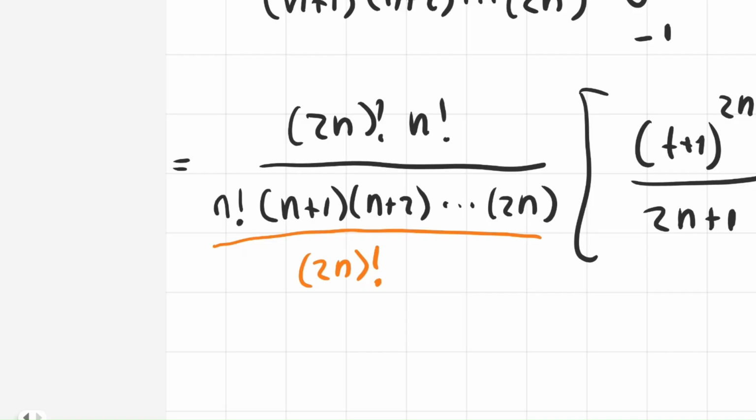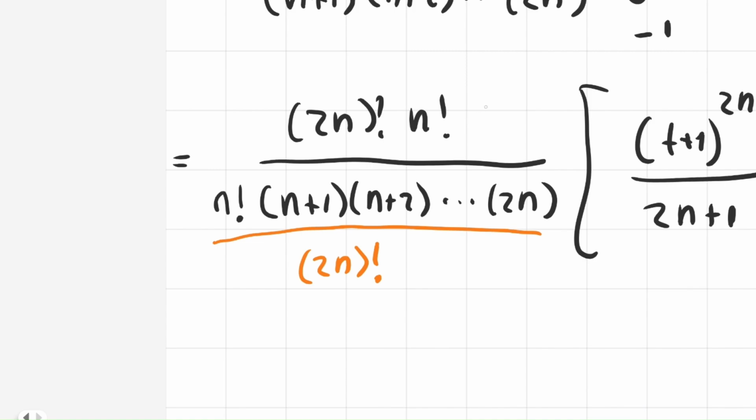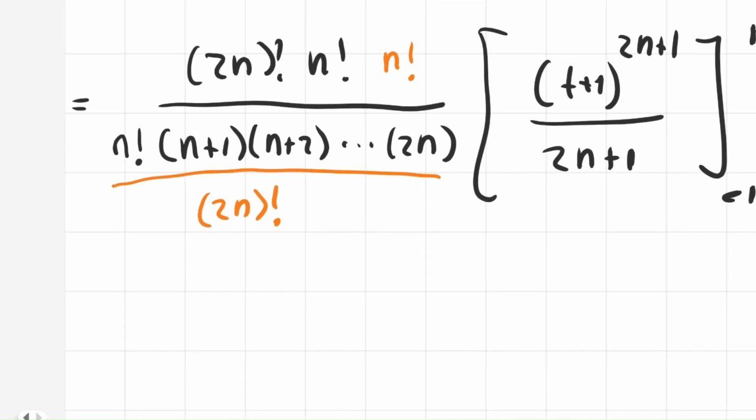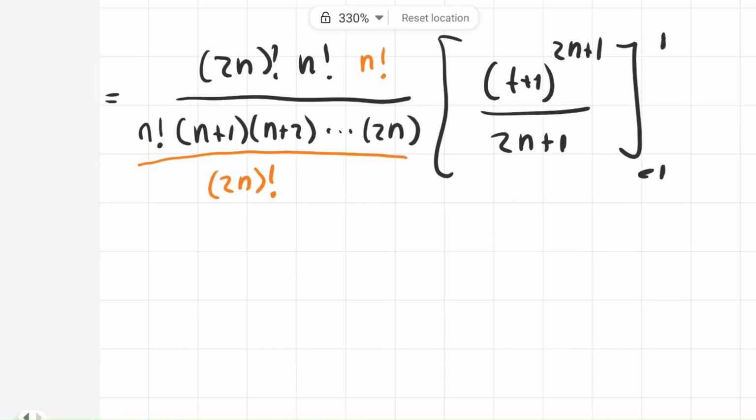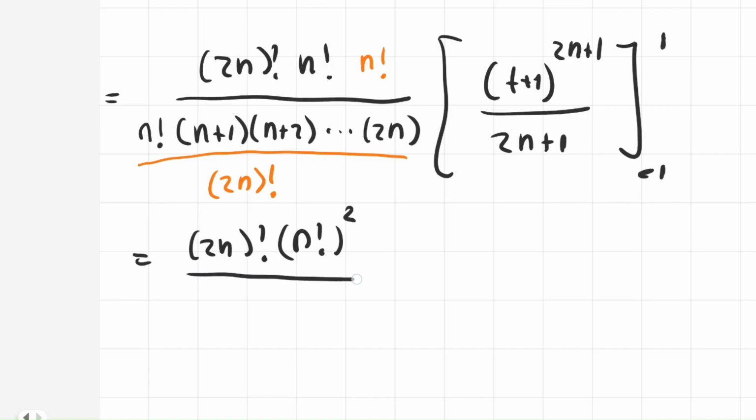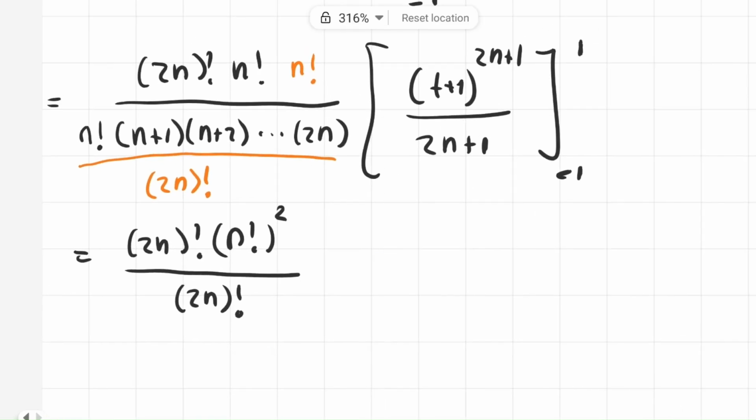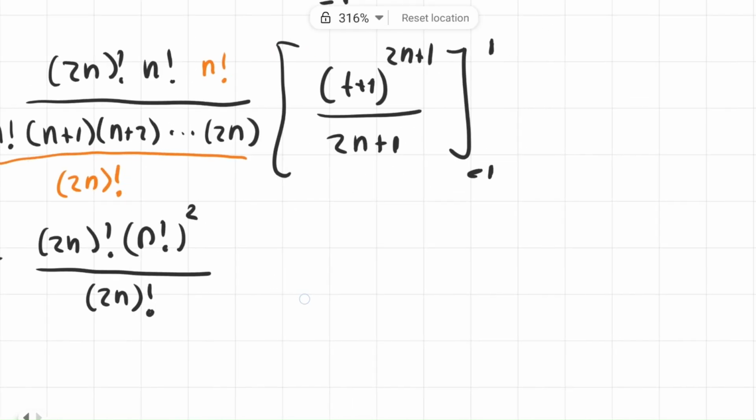So if we do that, we need to multiply here by an n factorial, right? Just to not break the equality. Okay, perfect. So we will get something like this: 2n factorial squared, and then divided by 2n factorial here. Perfect. Of course, this is in order to cancel these 2n factorials.